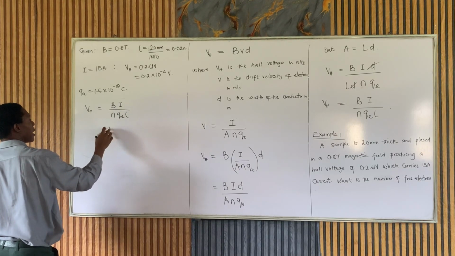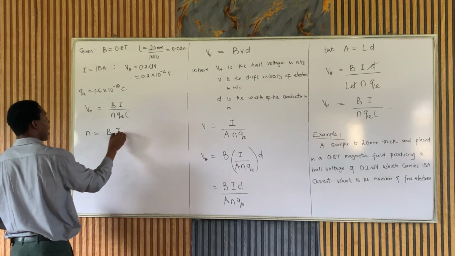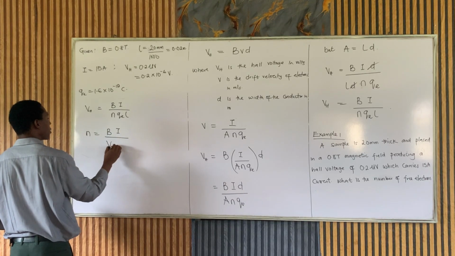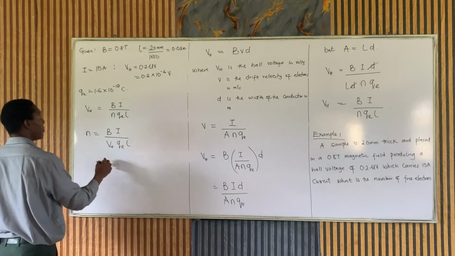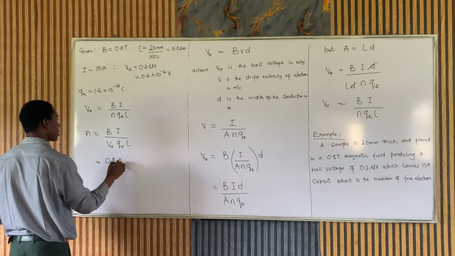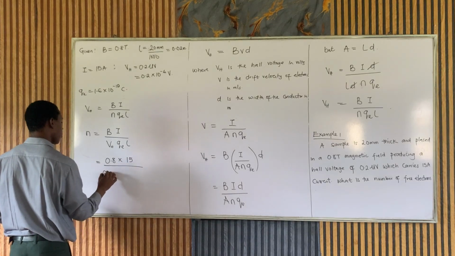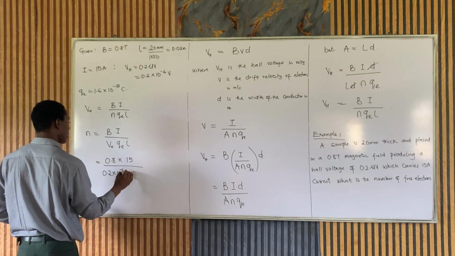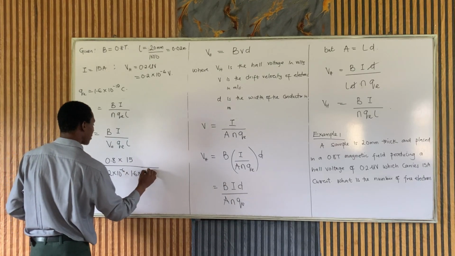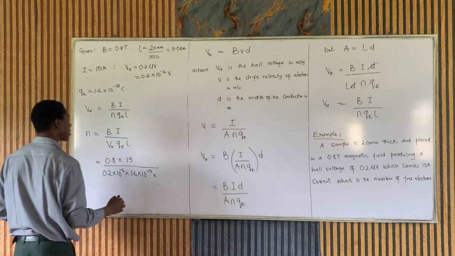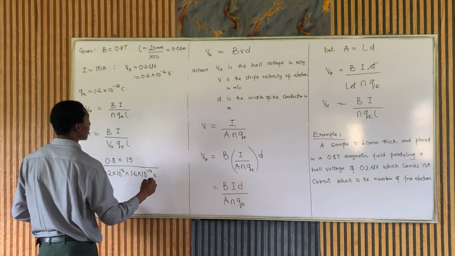If you make N the subject of the formula, we'll get that N is equal to B, I over the Hall voltage times charge on an electron times the length, which we can call the thickness. Our B here is given as 0.8 multiplied by the current, which is 15, divided by the Hall voltage, 0.2 times 10 raised to the power minus 6, times the charge on an electron, 1.6 times 10 raised to the power minus 19, then times the length, which is the thickness given in the question, and that is 0.02.